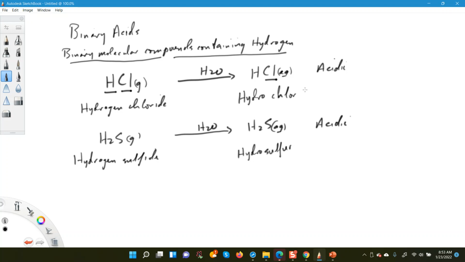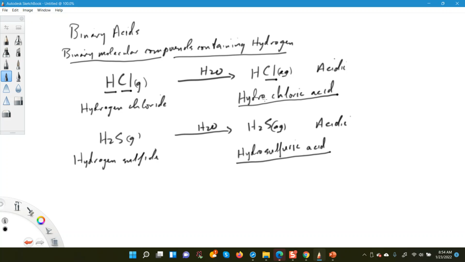And then the name ends with ic acid. So therefore, the name of this compound is going to be hydrochloric acid. In this case, it's going to be called hydrosulfuric acid.